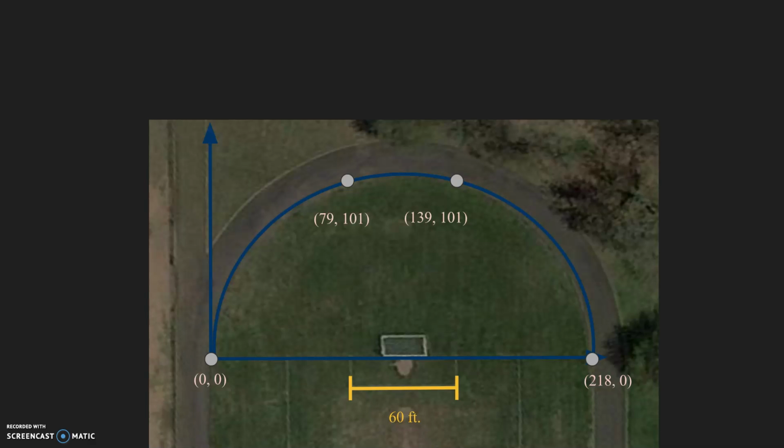The white lines were used for the soccer field, not for the track. I outlined this white line using the yellow line to see how long the middle section is, which came out to be 60 feet. And once I found out that the second point was (79, 101), I simply added 60 to the x value of that point to come out with (139, 101).